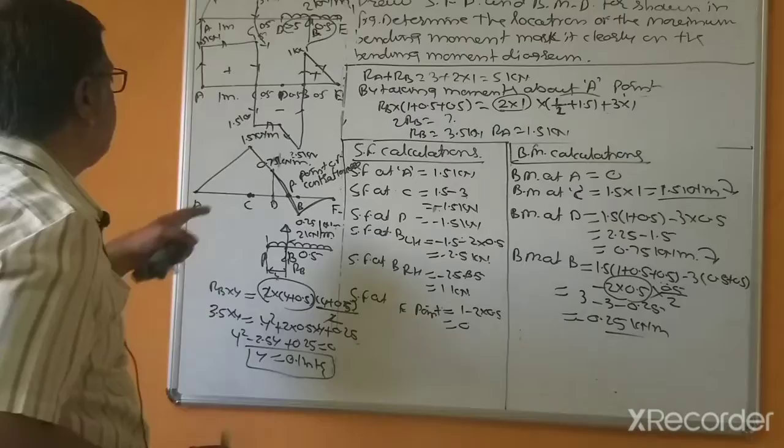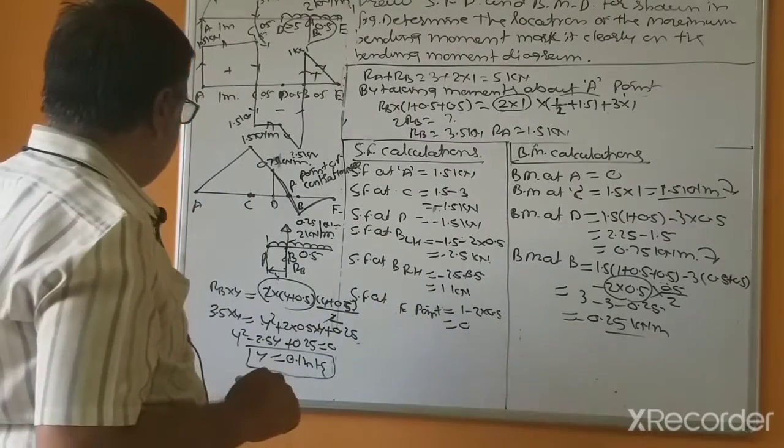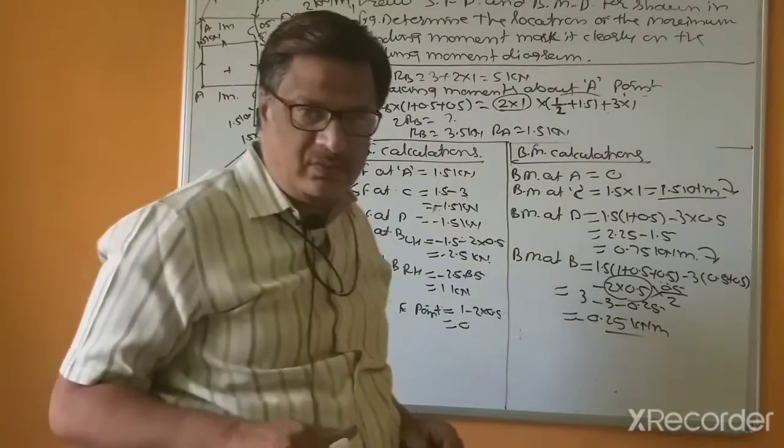So this point of contraflexure is located 0.1 meters from the B point.